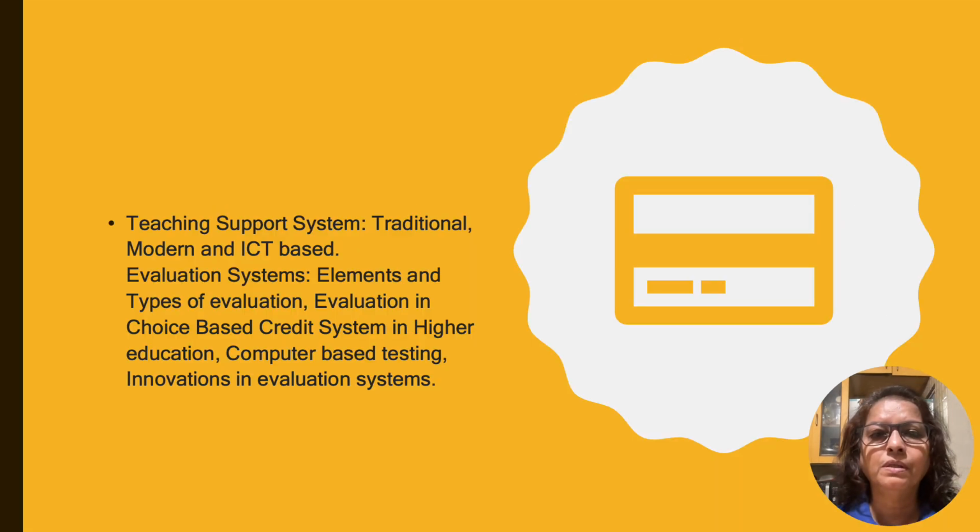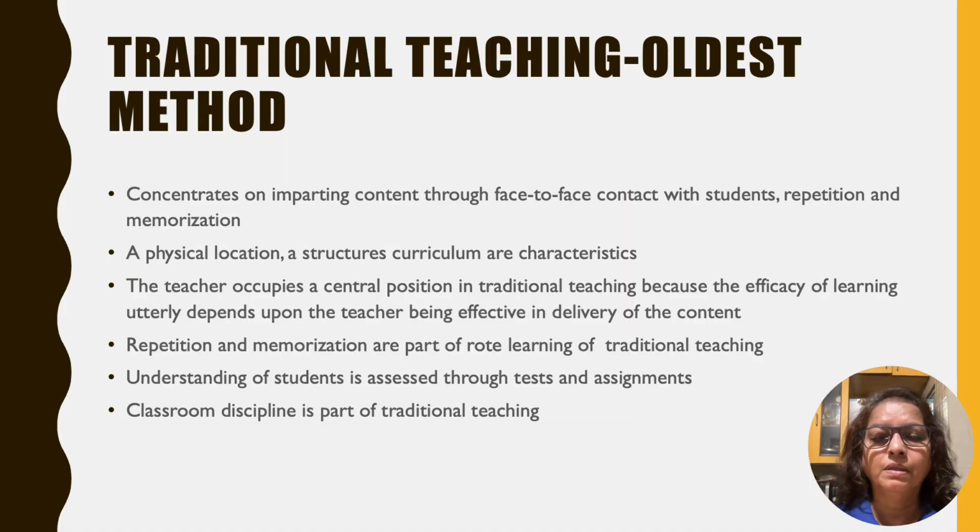Now we come to the third module. This is in teaching support system. Now in the first teaching is the traditional teaching. This is the oldest method, concentrates on imparting content through face-to-face contact with students. There is repetition in teaching and memorization. Of course, there's a physical location like a classroom, a structured curriculum.